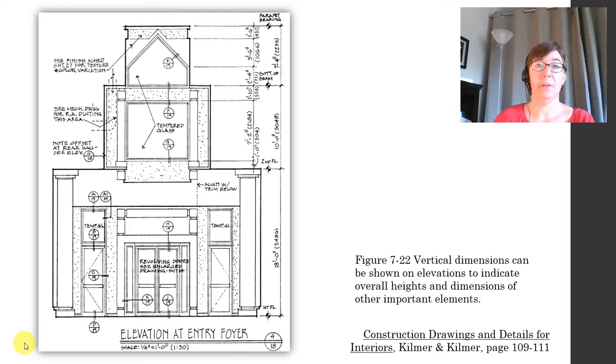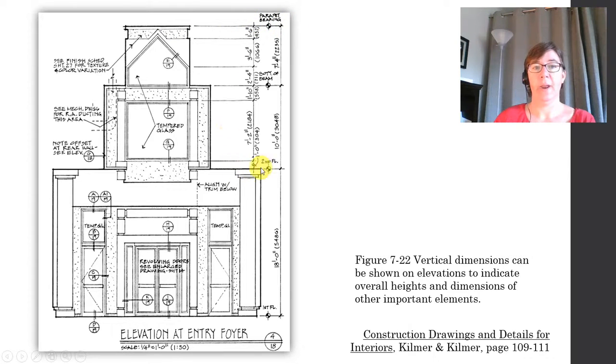Here's another example of an interior elevation with dimensions. So we can see here that we've got some overall dimensions. They don't give a full height overall dimension in this example, but here are some overall dimensions of, looks like, step 1, 2, and 3 of this entry foyer. Okay.